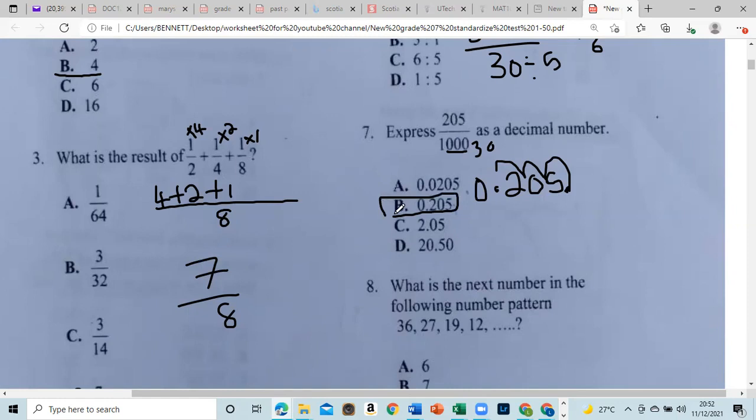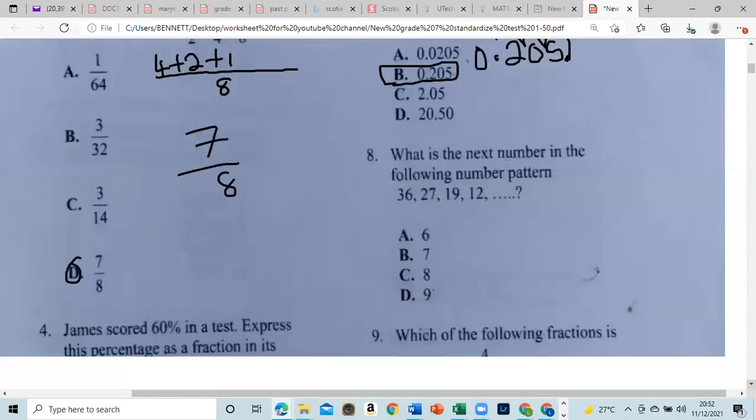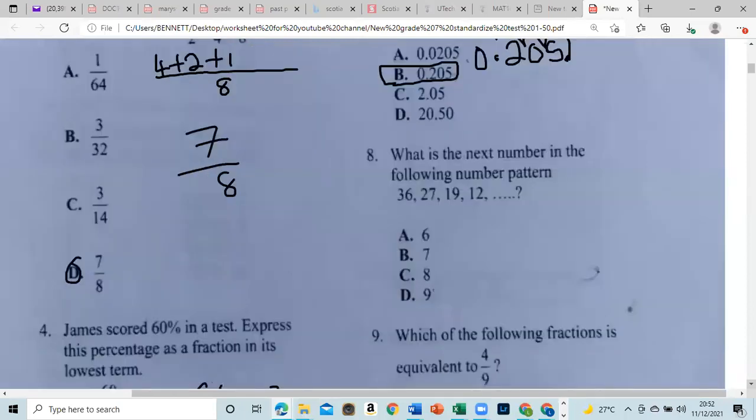All right. Let's go to number 8. What is the next number in the following number pattern? We go from 36 to 27, and then 19, and then 12. All right, let me just see what's happening, guys. So 36, that could be minus 9. All right, hold on. Let us say they are minus 9.